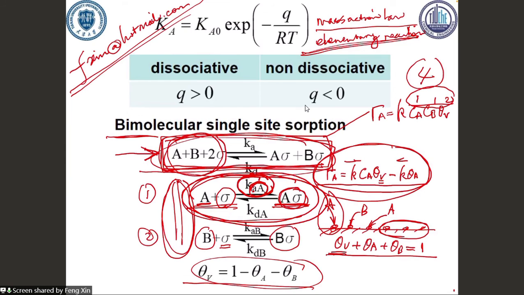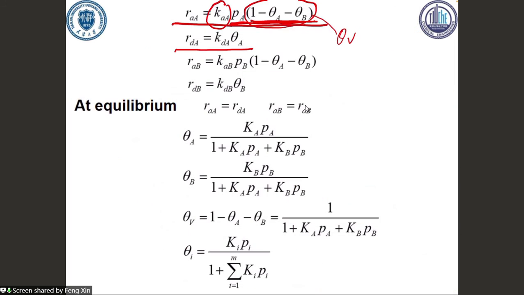There is only one reactant, so the concentration only includes theta A. The rate constant is kdA, so the rate of A species desorption, RdA, equals kdA multiplied by theta A.